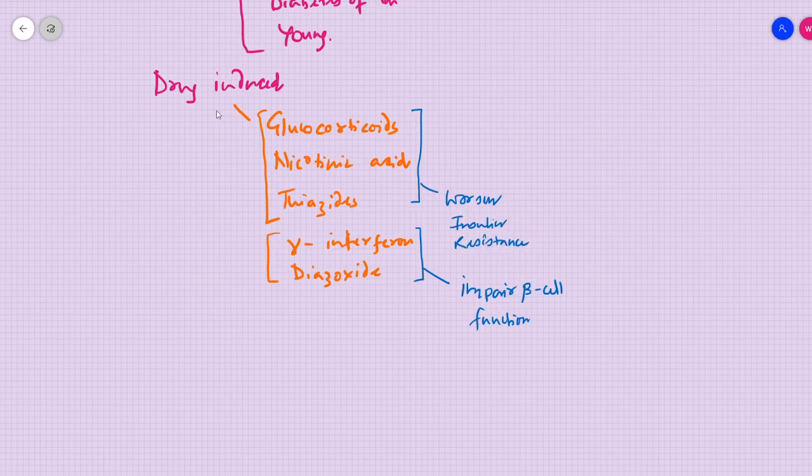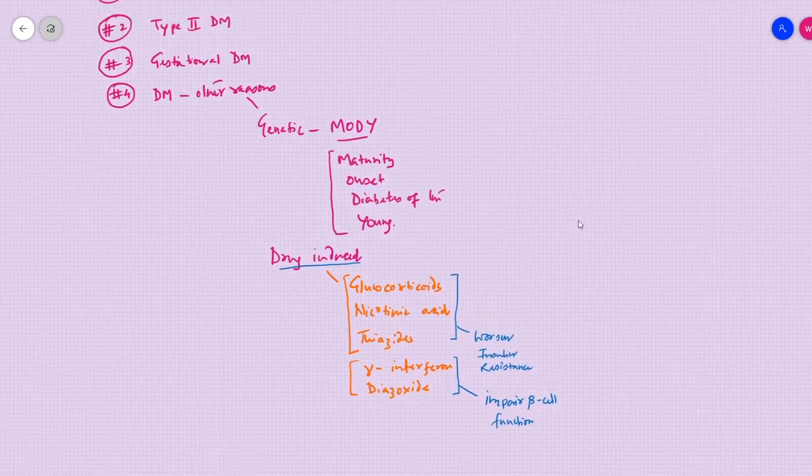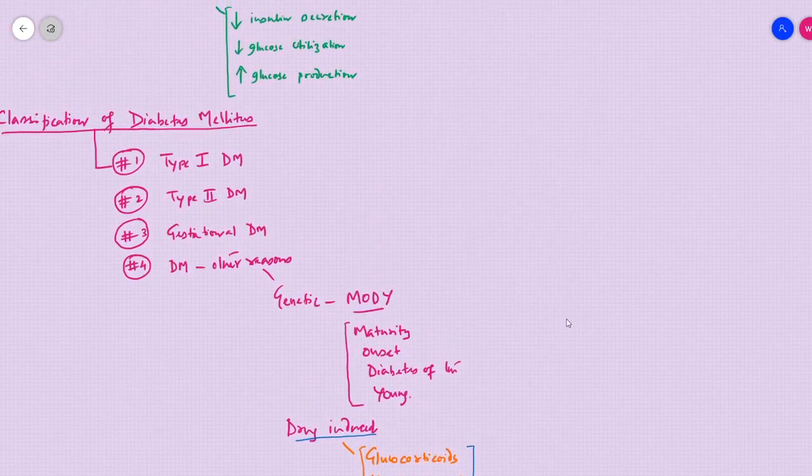But all in all, they increase blood sugar levels. So if anyone asks us which drugs are implicated in glucogenesis, then these are the examples that should come to our mind.